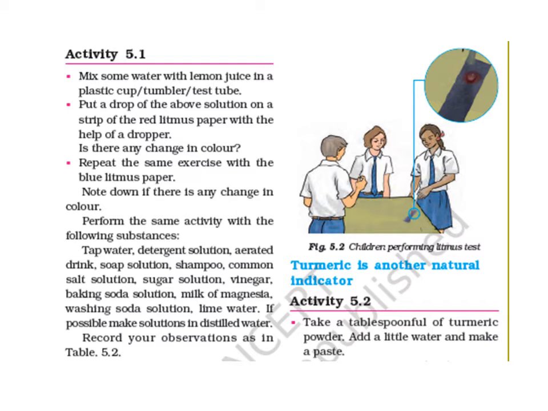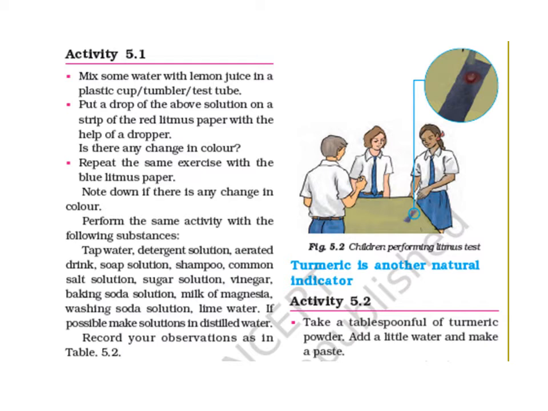Then take another substance. Which substance can we take here? Soap solution we will take. Make a soap solution by adding some soap, detergent in water. Make one detergent solution, and in the similar way you have to perform here. First take red litmus paper and then blue litmus paper. When you take one red litmus paper and put some drops of detergent on it, what will you observe?